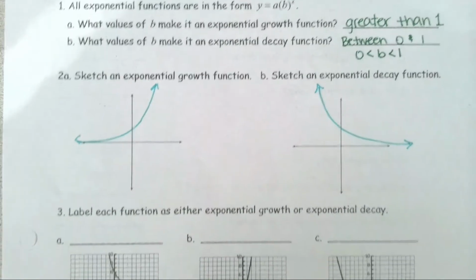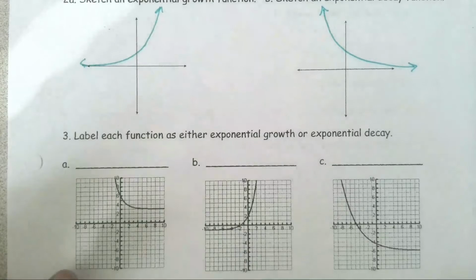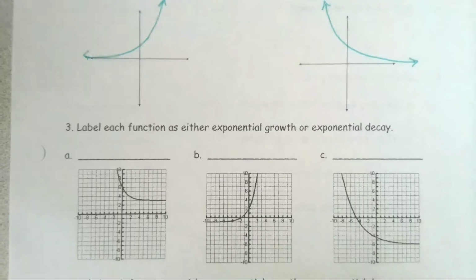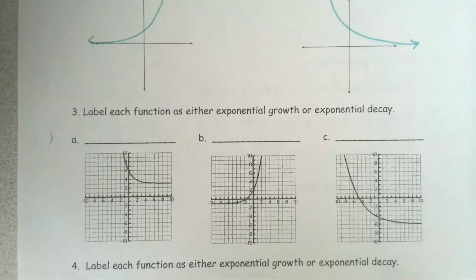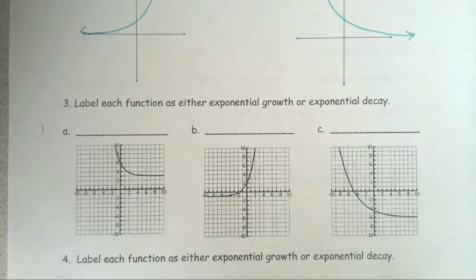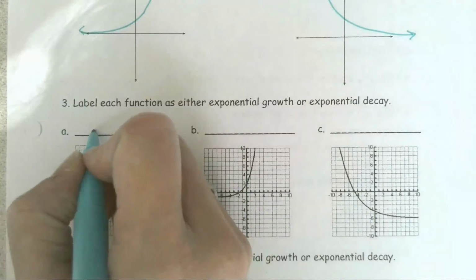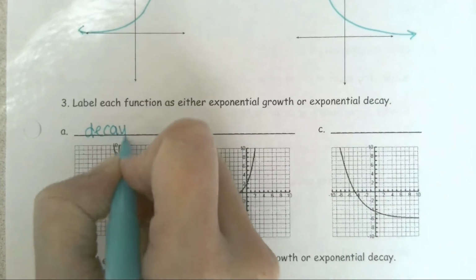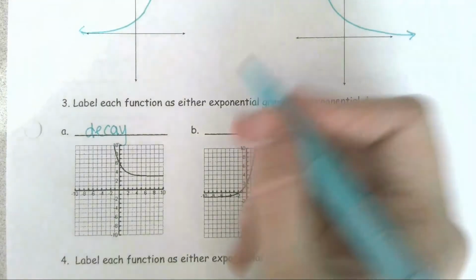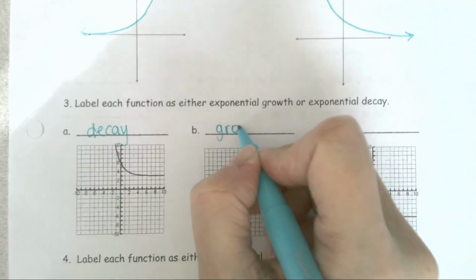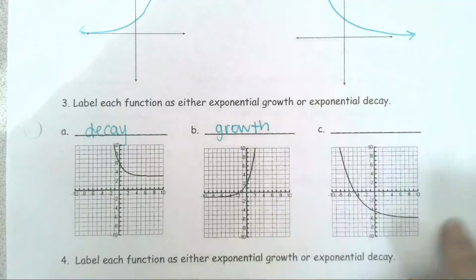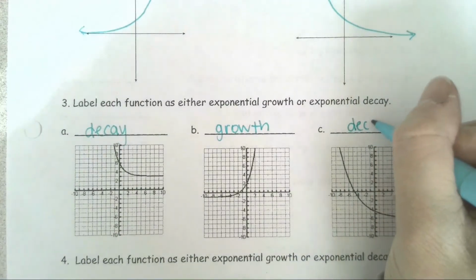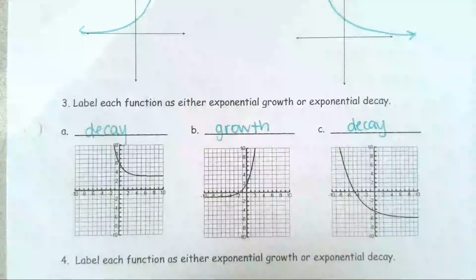Okay, label each function as exponential growth or exponential decay. For A, it is decreasing, so that is decay. This one is going up, so this is growth. This one's going down, so this is decay. So far, so good.